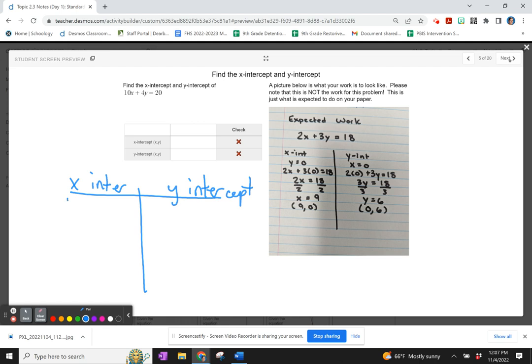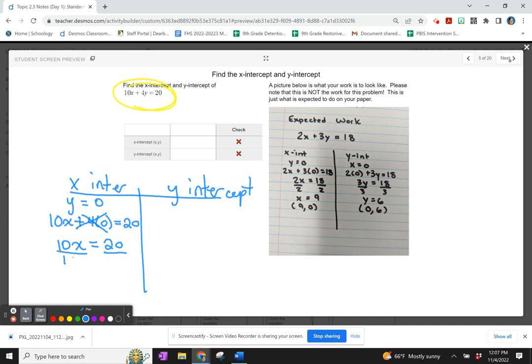For the x-intercept, we need to remember that our y is always going to be 0. So this problem right here, the one that I gave you, you are just going to rewrite, but wherever you see a y, you're going to replace it with 0. So then 4 times 0 goes away, and we're left with 10x equals 20.